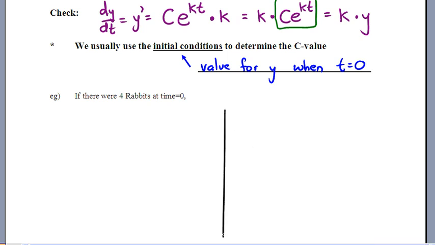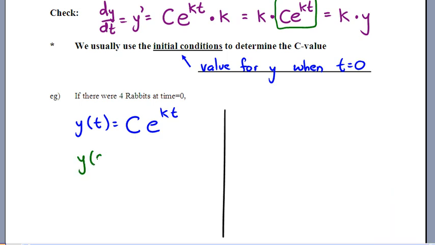So I'm just going to split this page here a little bit. Let's take our story in general. So our general solution said rabbits at any time t will equal some c that we're trying to figure out, and then e to the k times t. And in our made-up story, the k was 1.5. Well, if I go and put in a time of 0, think about what's going to happen to your math here.